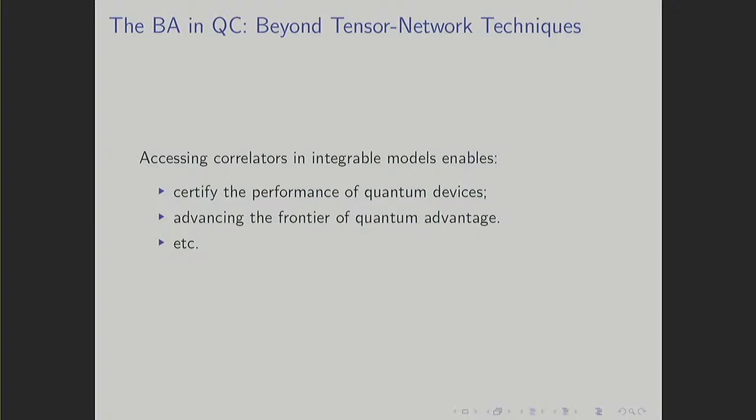Well, I'm giving some motivation here, as mentioned in the first slide, we have access to some properties due to exact solvability and in particular correlators. If we were to measure, say, a two-point function of two Pauli matrices, we will be addressing a quantity that we know how to compute analytically.